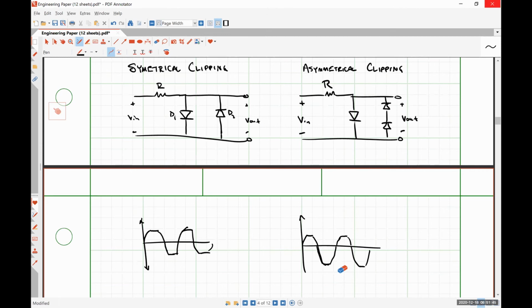Okay, so that's all I've got for PN junctions and diode circuits.